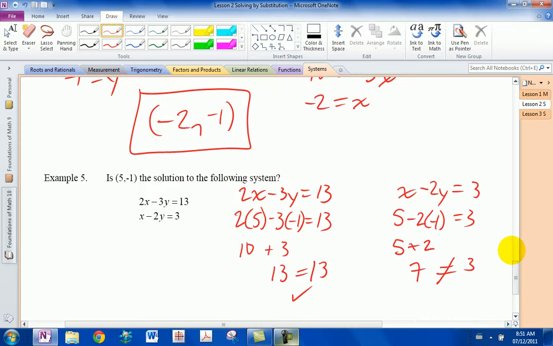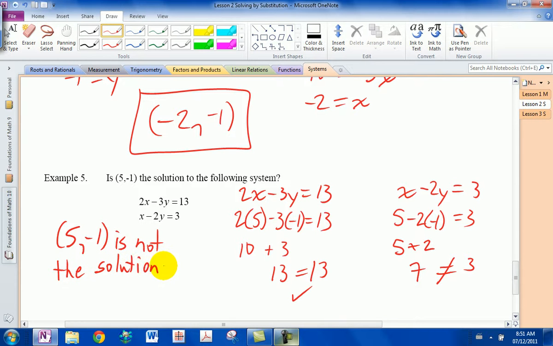Yeah. So a lot of you are going to get lazy and think, oh, I checked one, that's the right point. But then when you check the other equation, what do you find? It's wrong. It's not correct. 7 does not equal 3. So then you have to write down 5, negative 1 is not the solution.